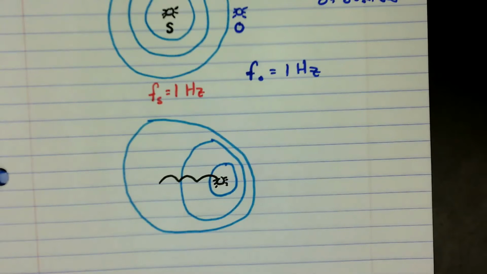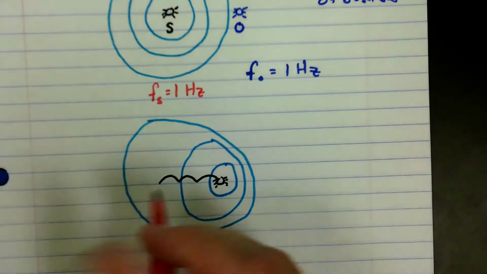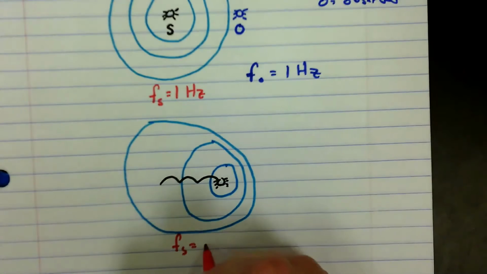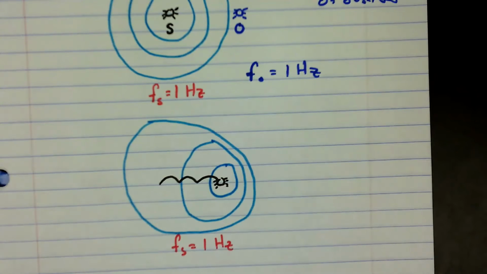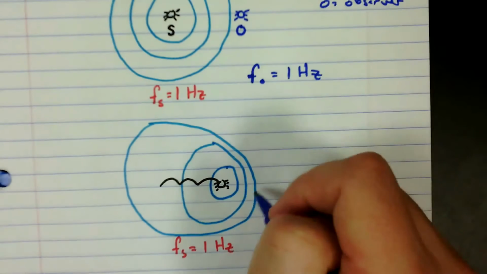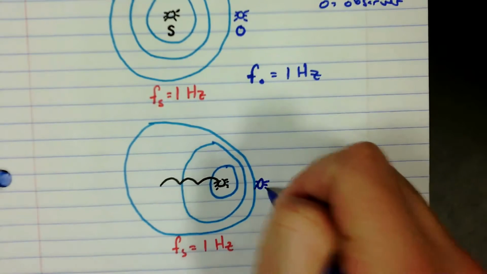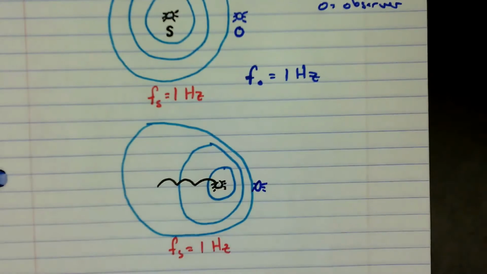So you are still the source of the ripples, and you are still jumping at 1 hertz. But the question is, how is your friend, the observer, going to perceive the ripples?